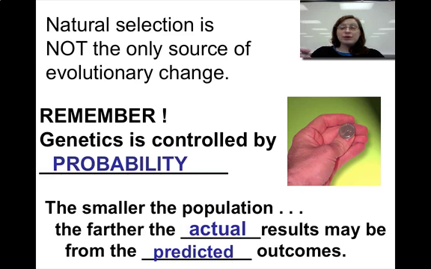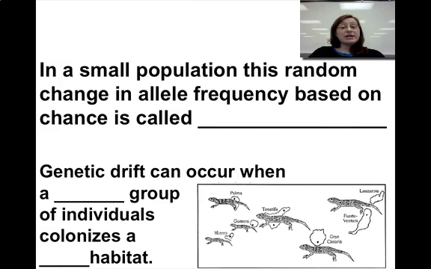If I flip a coin 4 times, it should be 2 heads and 2 tails, but I'm much less likely to actually get a 50-50 split. However, if I flip a coin 400 times, I have a higher probability of getting much closer to that 50-50 split. So being a very small population is going to affect how we can predict things.